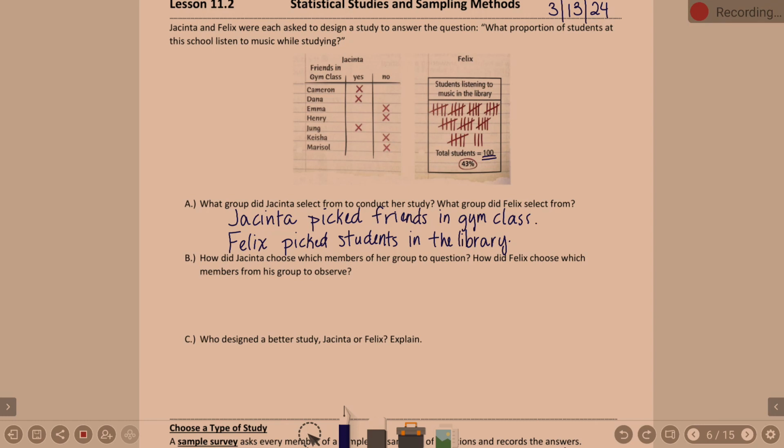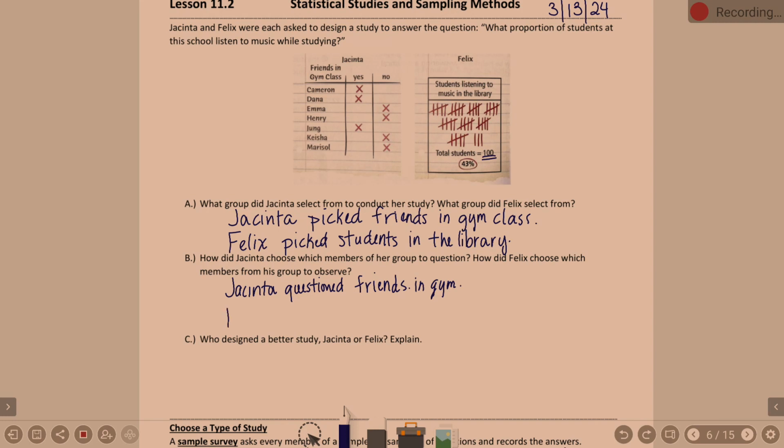This question is kind of redundant now that I think about it, but the point is Jacinta questioned friends. I guess it was technically friends in gym.